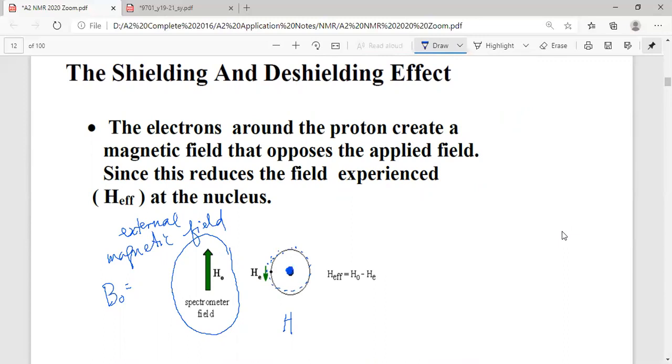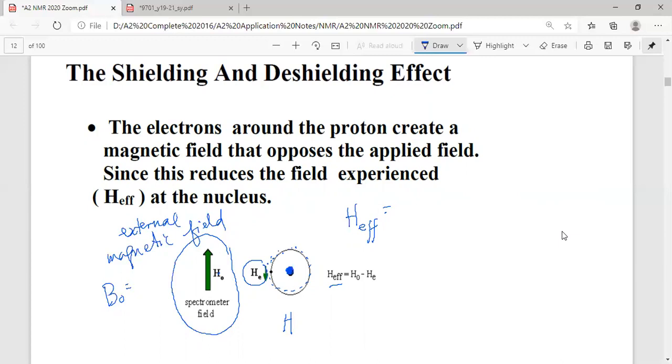So remember, as I told you, the electron has a spin, and whenever there's a magnetic field, the spin created by the electron is always against our outer field. So what is felt by the proton is called the effective field. The effective field felt by the proton is the outside field minus the field from the electron.